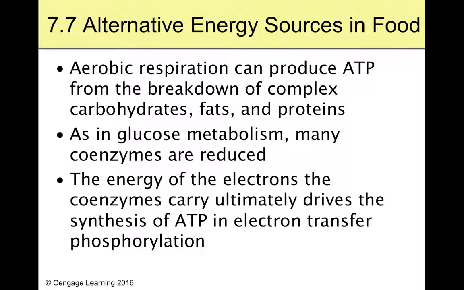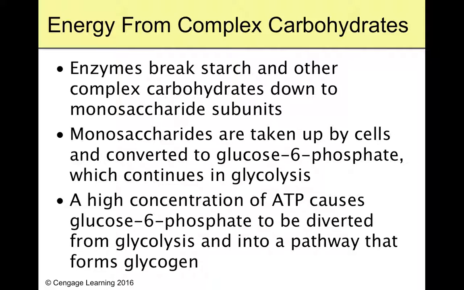Is it just glucose, or do these guys have a job too? And the answer is they, of course, have a job too. We still get ATP from fats and proteins. And so just like metabolizing glucose, which has been our focus lately, we use lots of coenzymes when we're digesting these fats and proteins. And the energy of these coenzymes can ultimately help drive that ATP synthesis from digesting the glucose. I'll show you a couple examples of that.